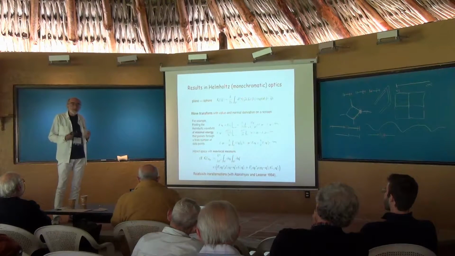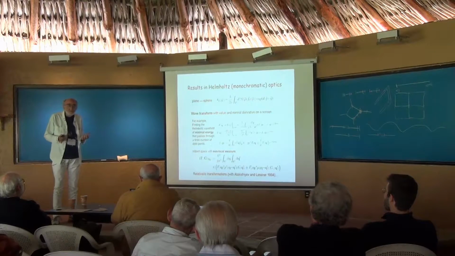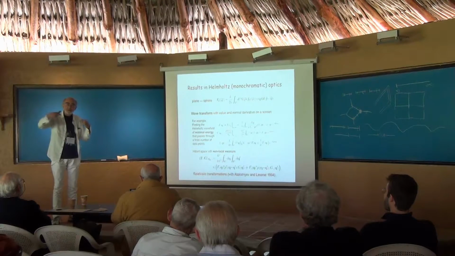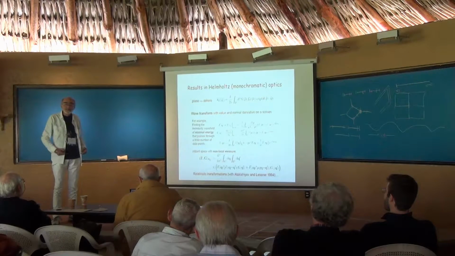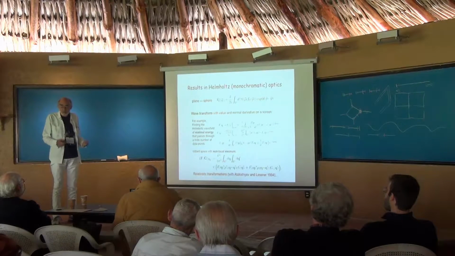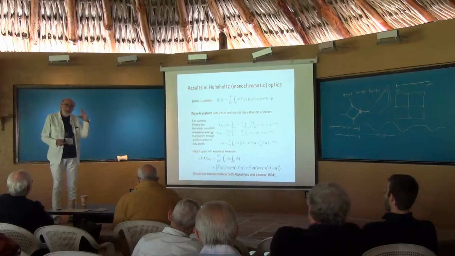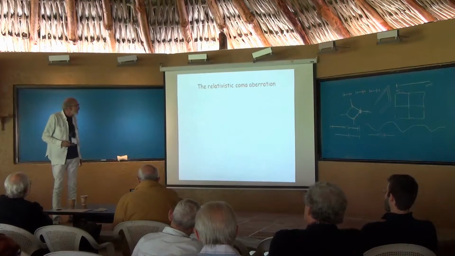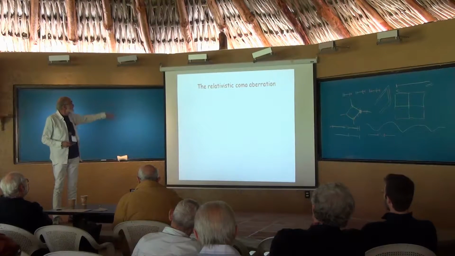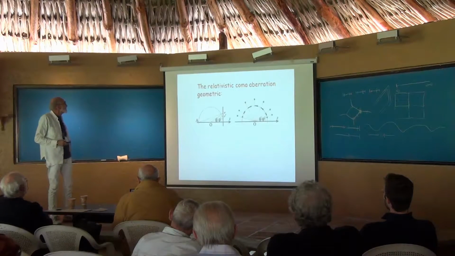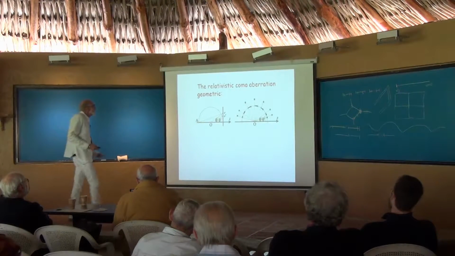Now, your camera was focused at rest. But the other spaceship is going at a relativistic speed. So what you get is a chromatic phenomenon. The image changes. So the relativistic coma aberration has to do with this.